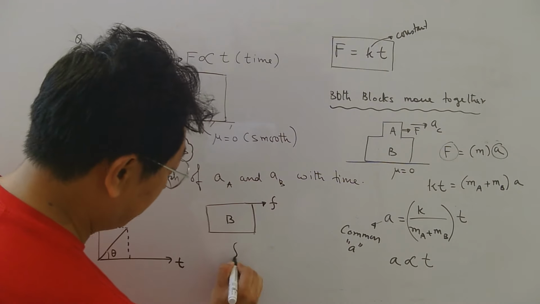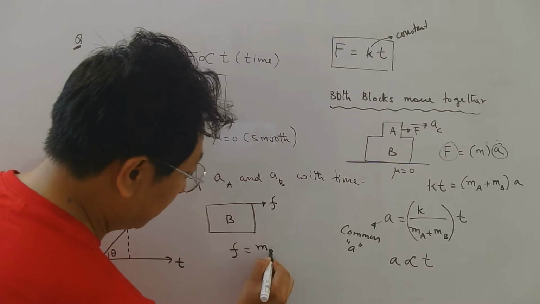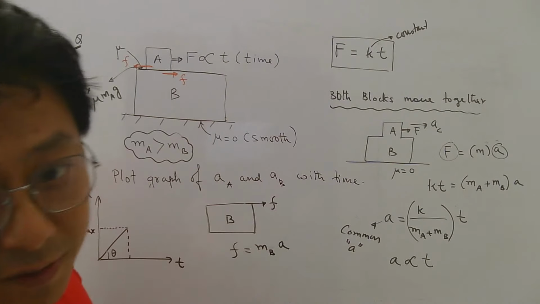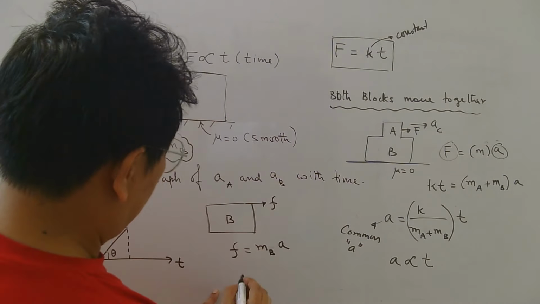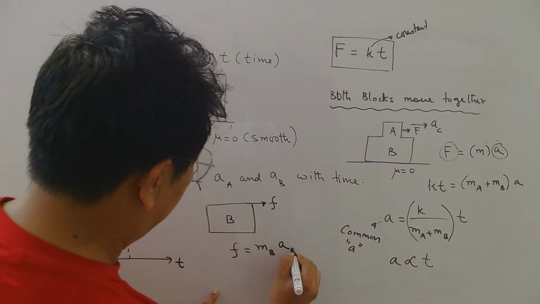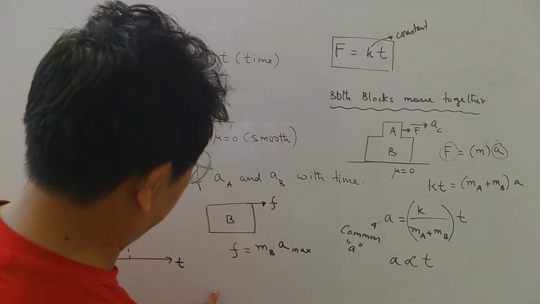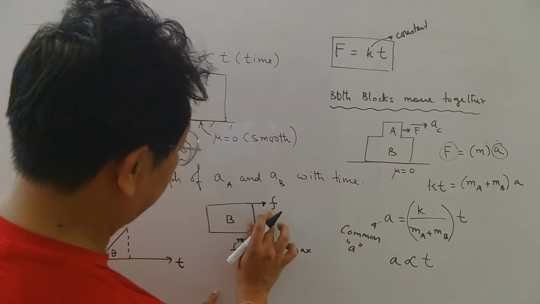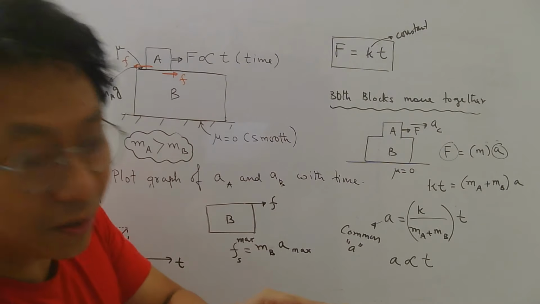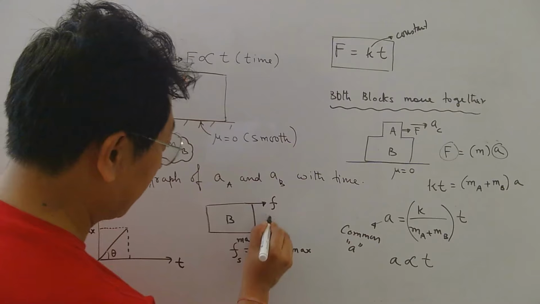So on B there is a friction force from A. From Newton's law, that should be equal to the mass of the system times acceleration, right? And for calculating the maximum acceleration, I should put the maximum value of this friction so that they move together.